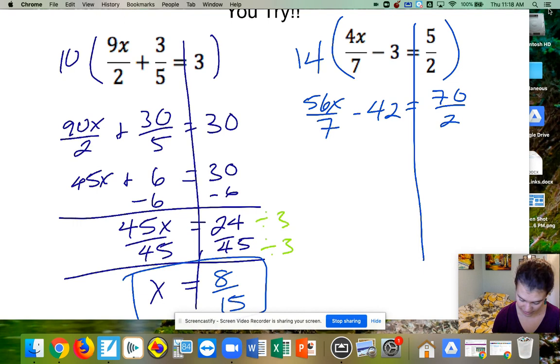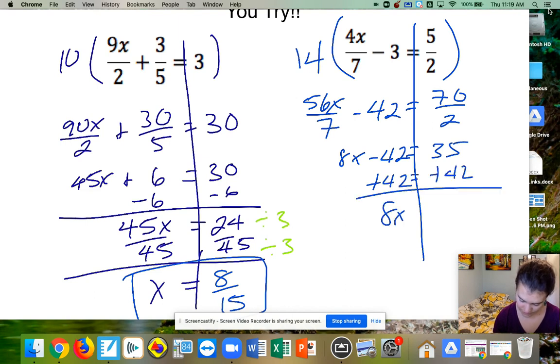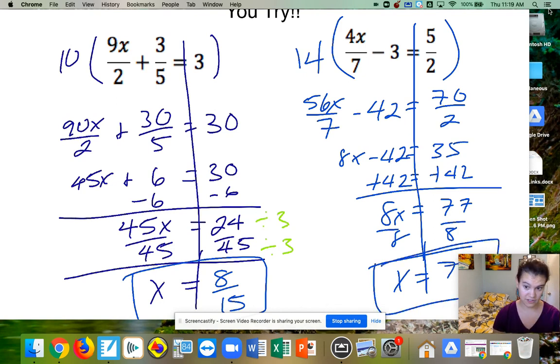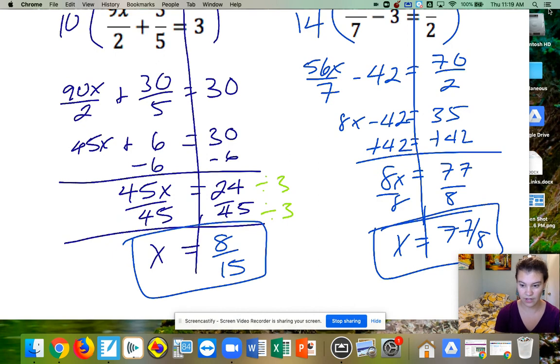Now if you simplify, you get 8x minus 42 equals 35. Add your 42 to both sides. 8x equals 77, divide by 8, and then x equals 77 over 8. Again, check to make sure you can't simplify. For this one, you can't, so you just get 77 over 8.